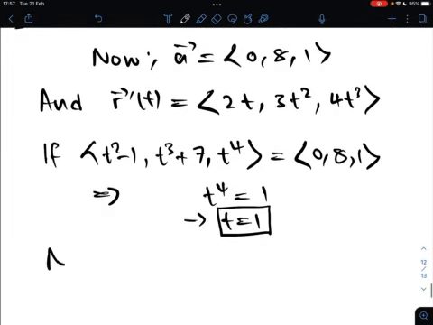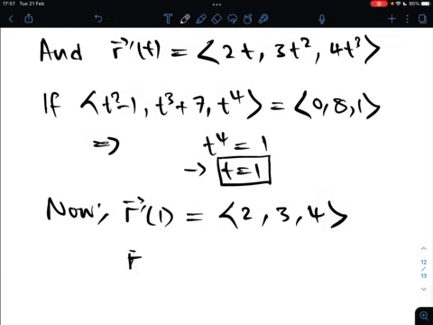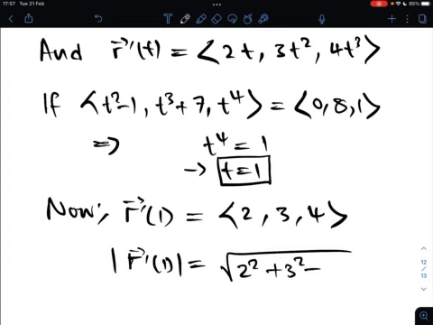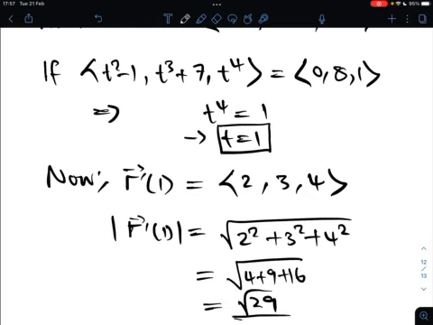Now, knowing it, what follows? We have r prime of 1, which is (2, 3, 4). Then we find the modulus. The magnitude of r prime of 1 is the square root of 2 squared plus 3 squared plus 4 squared, which gives 4 plus 9 plus 16, so that is root 29.